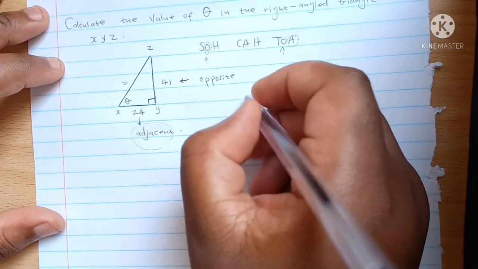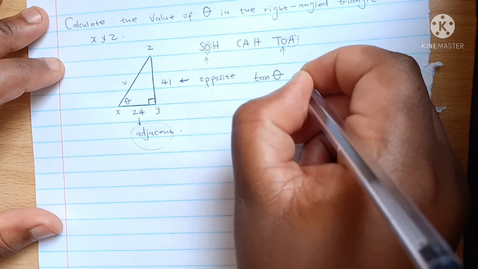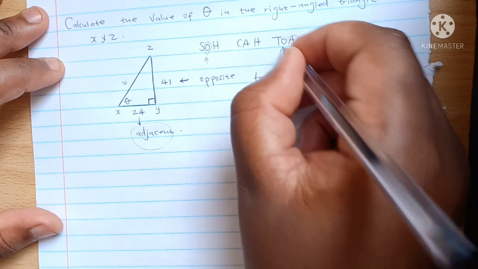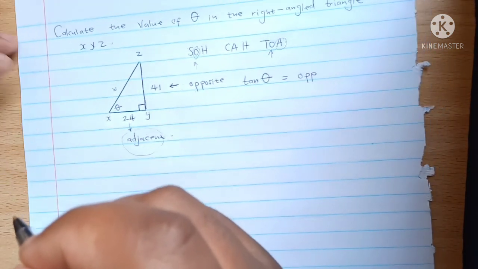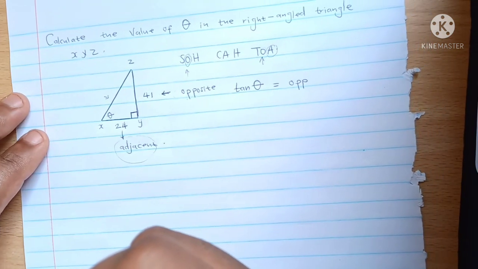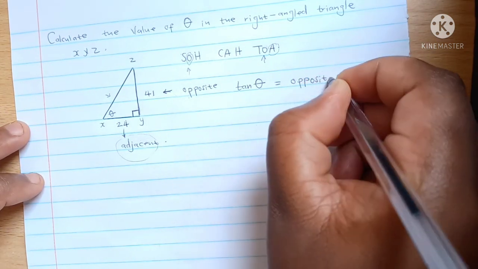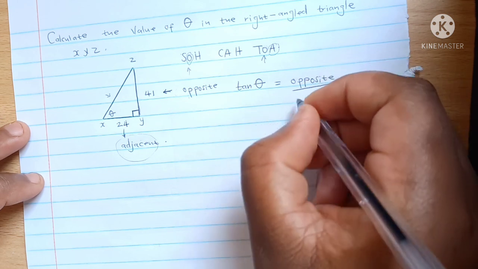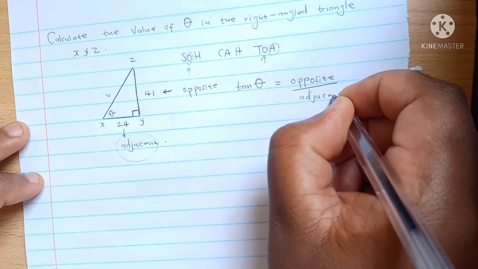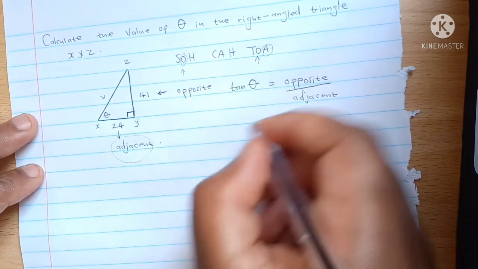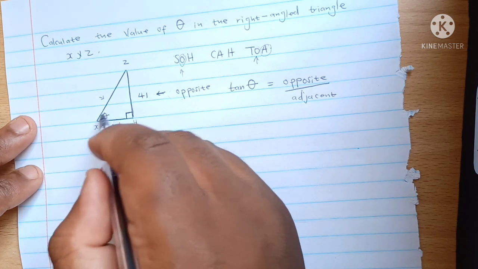Therefore, you need to use tan of theta equals to opposite over adjacent, right?